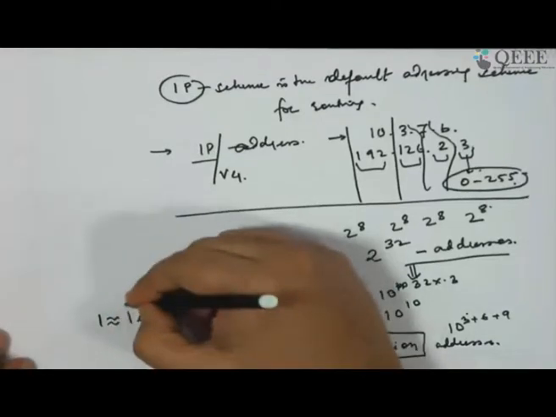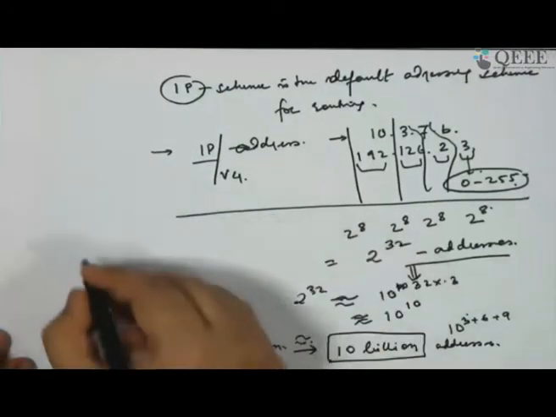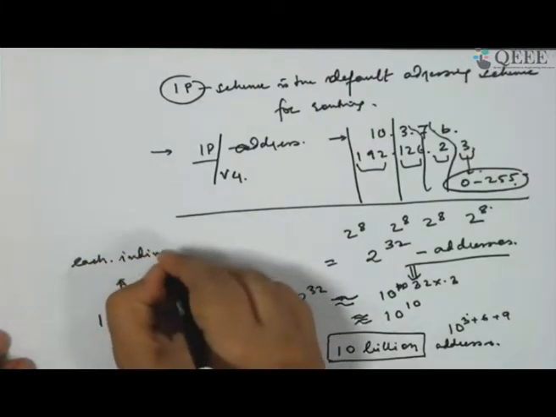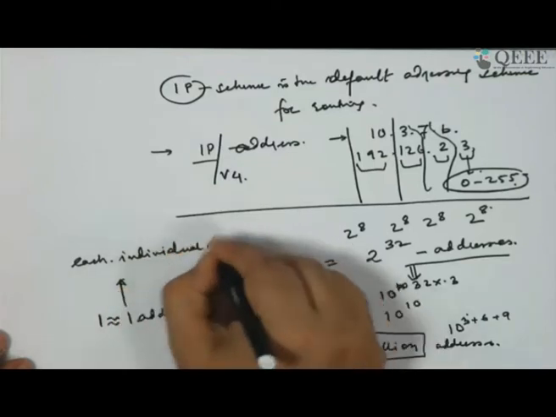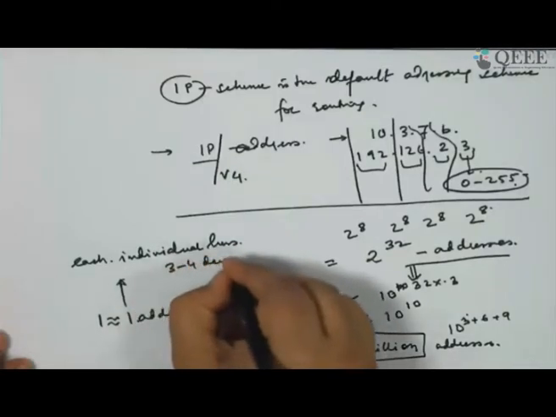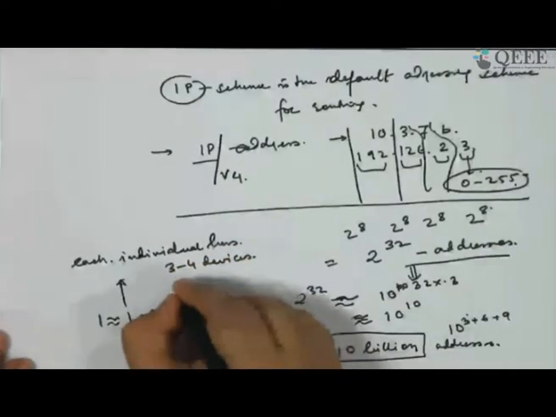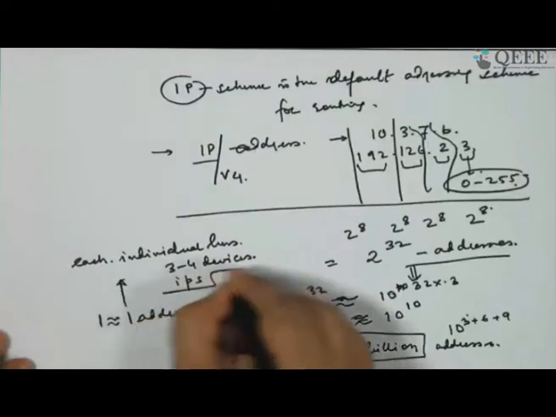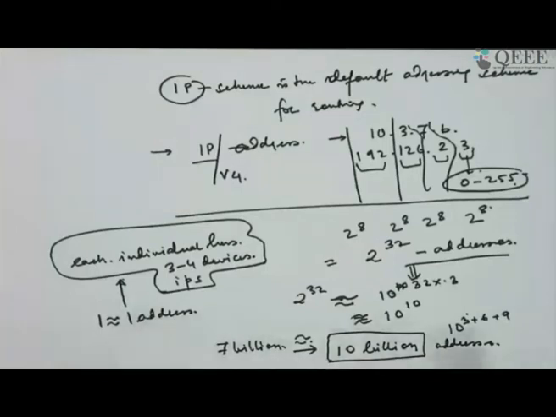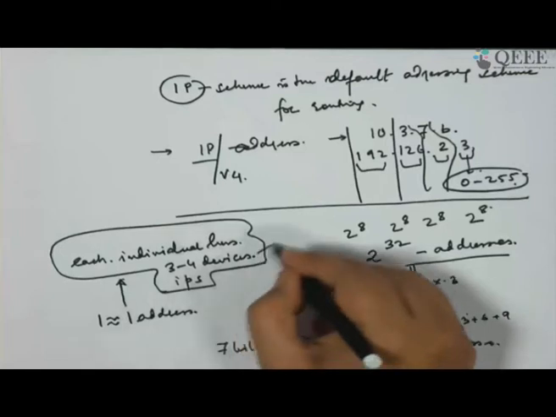But what we know is that increasingly each individual has 3-4 devices, and each will have different IPs. So how can these 10 billion IPs be sufficient for all these purposes? And this 3-4 may go to 7-8.